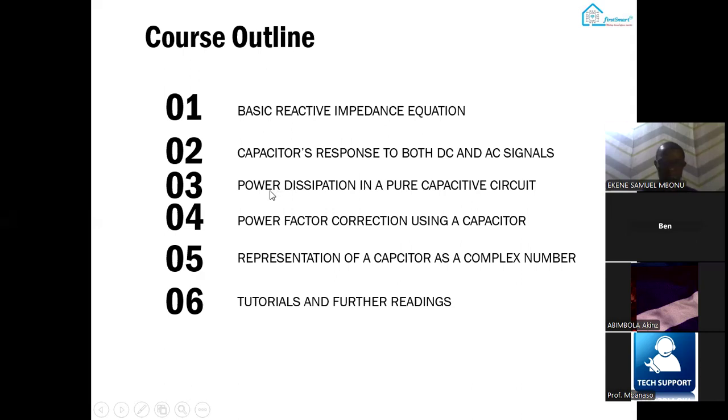Then we look at power dissipation in a pure capacitive circuit. We look at power factor correction using a capacitor, and the representation of a capacitor as a complex number. Then we shall look at tutorials and further readings. It's a combination of practical knowledge and theoretical knowledge. They have to go together.